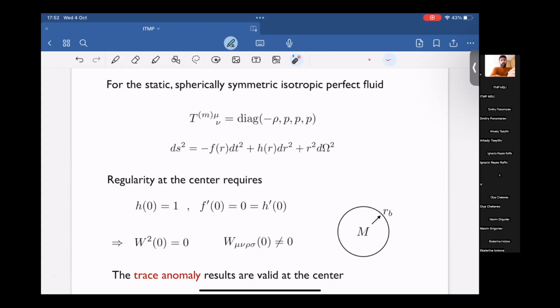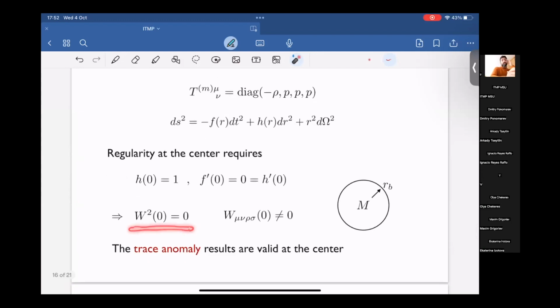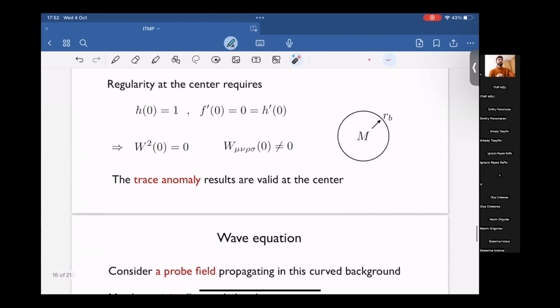This is because if you impose regularity of the metric at the origin, you have to have local flatness there, and you can very easily check that although the Weyl tensor does not vanish at the origin, its square vanishes identically at the origin. So that means that the assumption I had made before to do my calculation is valid at the origin. It's actually valid in a neighborhood of the origin. So all the results that I had for the trace anomaly are valid for some neighborhood around the origin of the star.